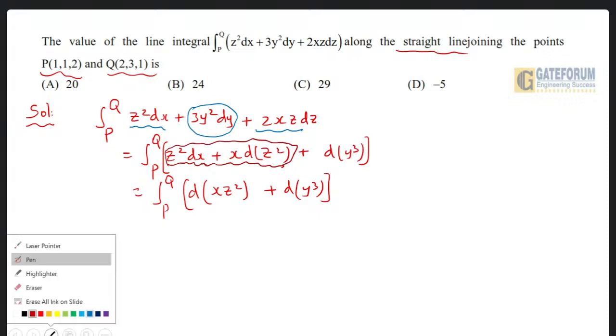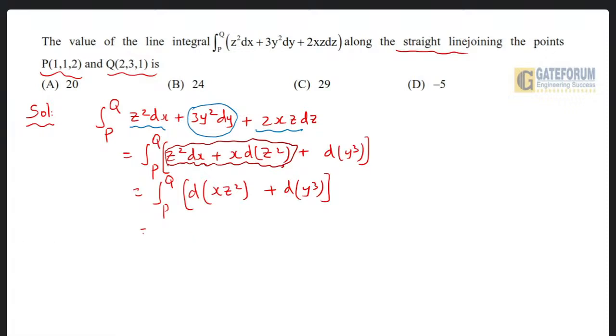So this can be written as p to q derivative of the sum of the functions, and the derivative and integration got cancelled. You will be getting simply xz square plus y cube.